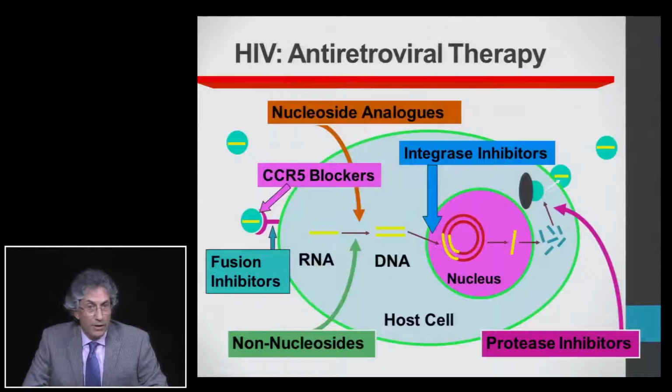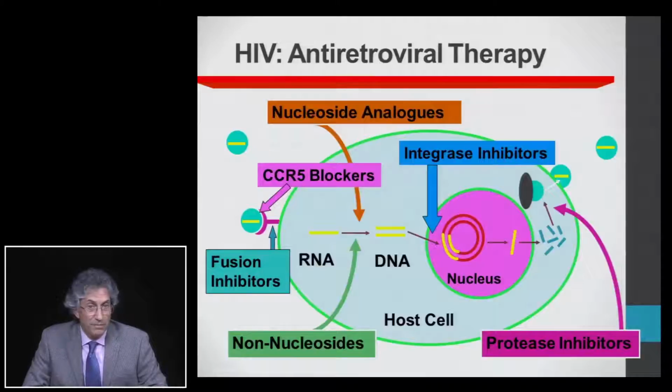We will talk also about integrase inhibitors in the blue. This is the newest category or mechanism of antiretroviral therapy. Integrase enzyme brings the double-stranded DNA that was just produced across the nuclear membrane and inserts it into the genome of the host cell. It's really an integrase strand transfer step.